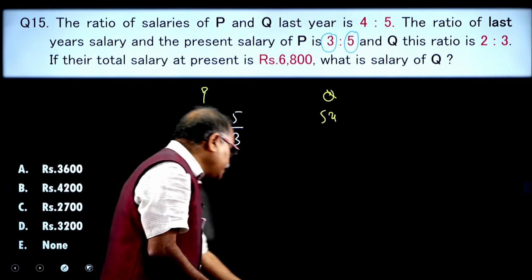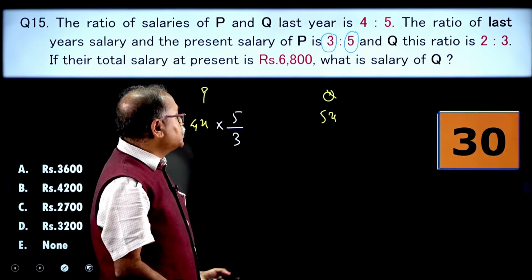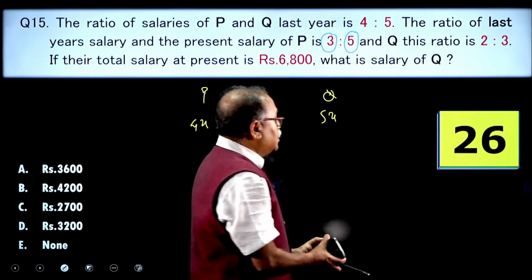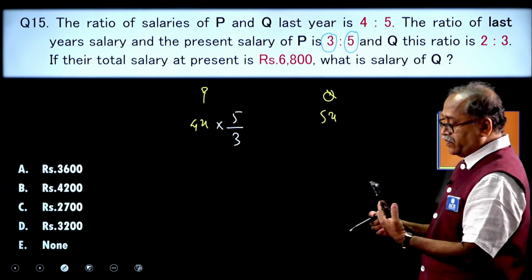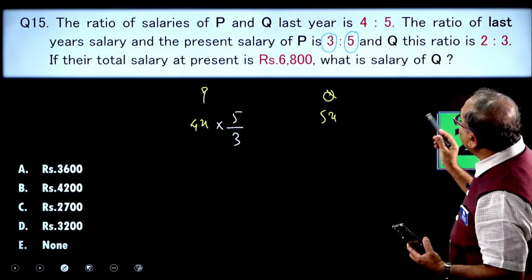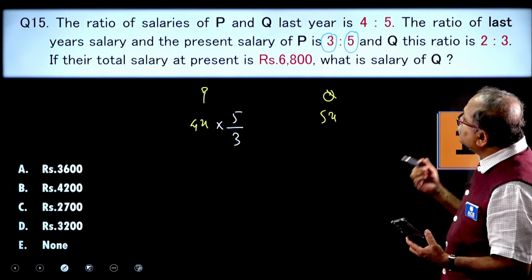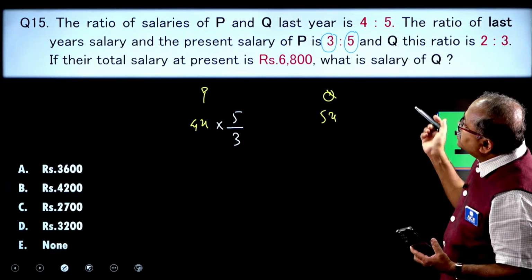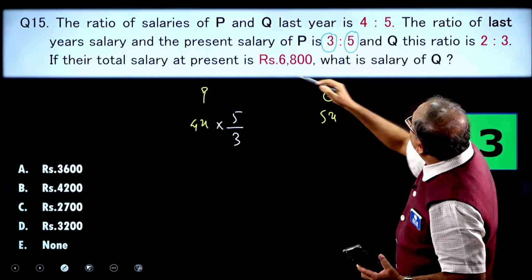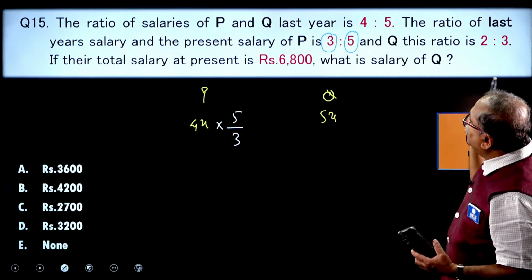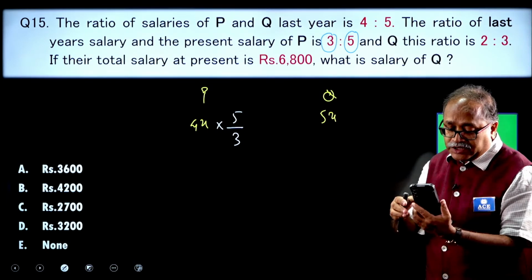Come on, my dear friends, you know how to respond to this. Your 30 seconds starts now. What is the Q's salary? So, I think the Q's present salary, it is not said what was the ratio of the last year to this year. Okay. So, I need to find out the present salary.